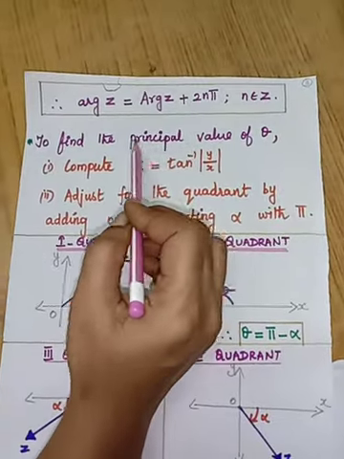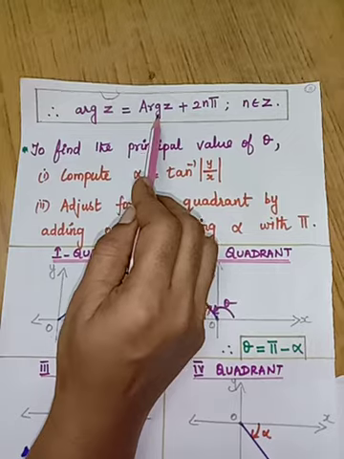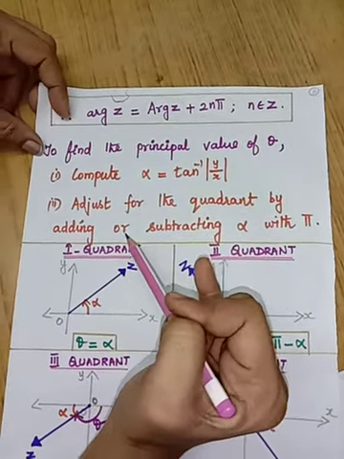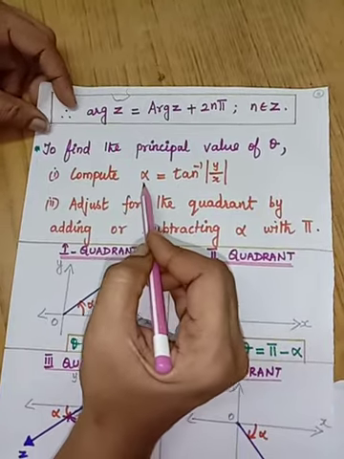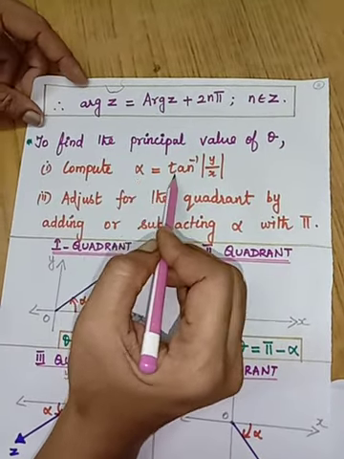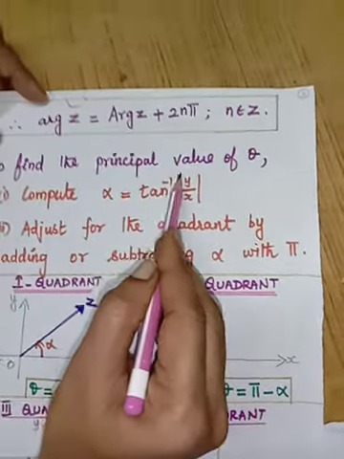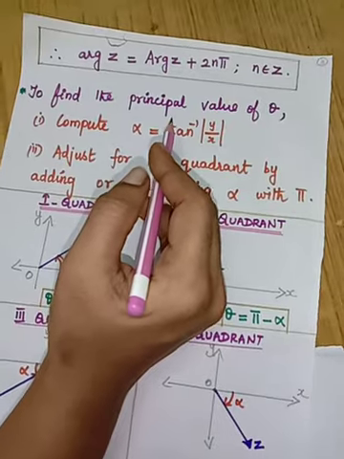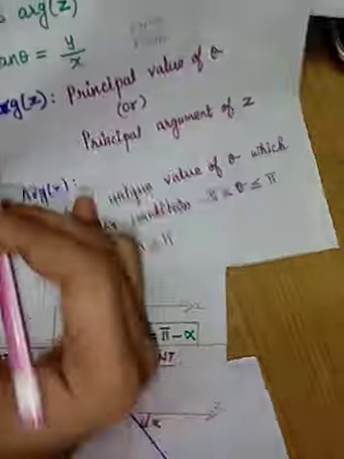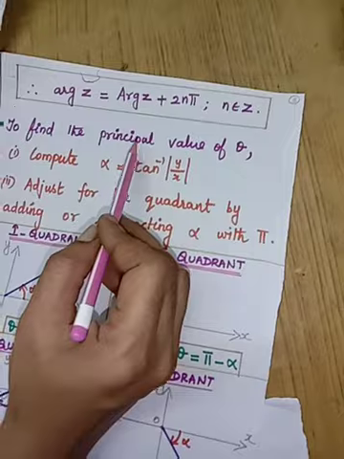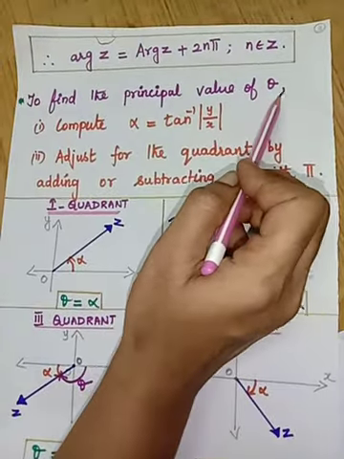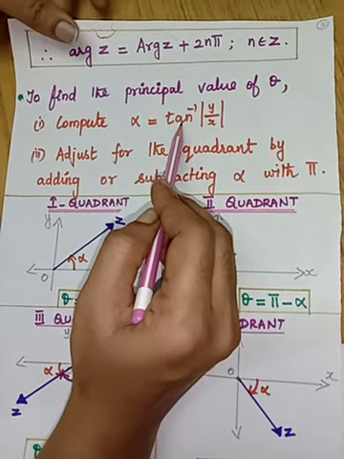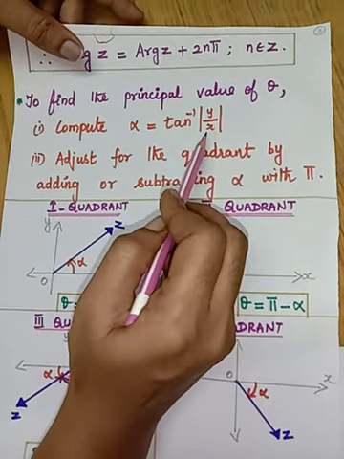Okay, how to find this argument of z, that is the principal value of theta? You have to follow two steps in doing problems. First you have to find alpha using the formula tan inverse of modulus of y by x.